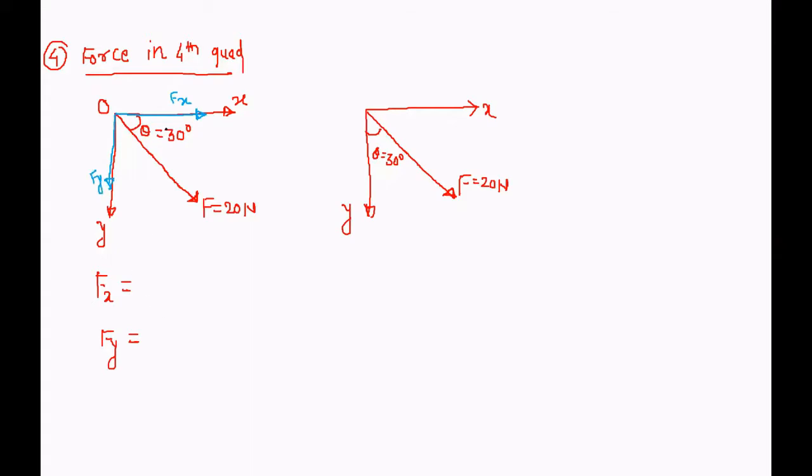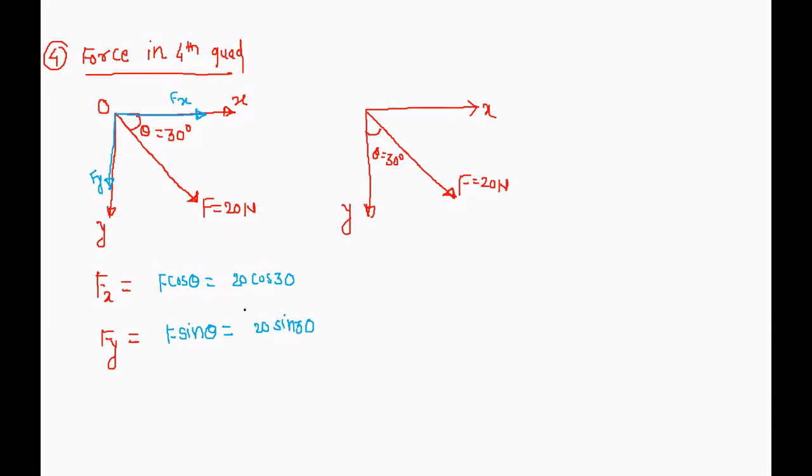So adjacent is Fx. So Fx is equal to F cos theta. That is equal to F is 20, cos theta is 30 degree. Now Fy, for the first case, Fy is the opposite. So Fy will be F sin theta, that is equal to 20 sin 30.